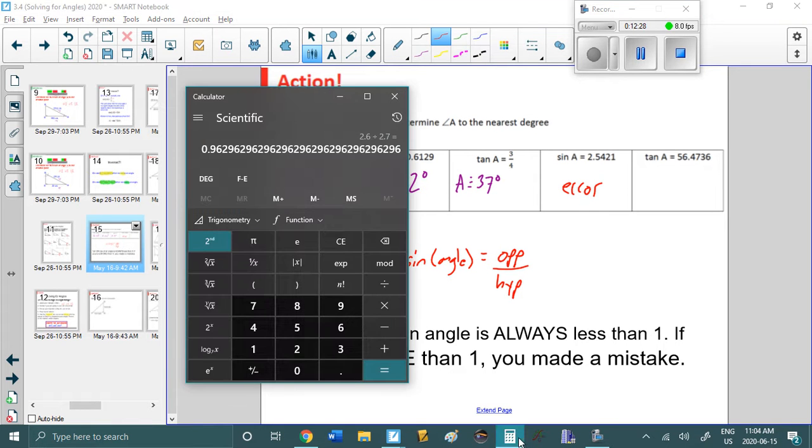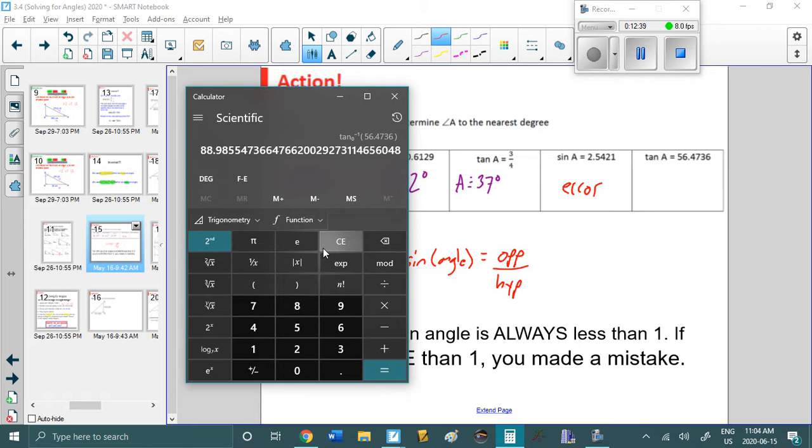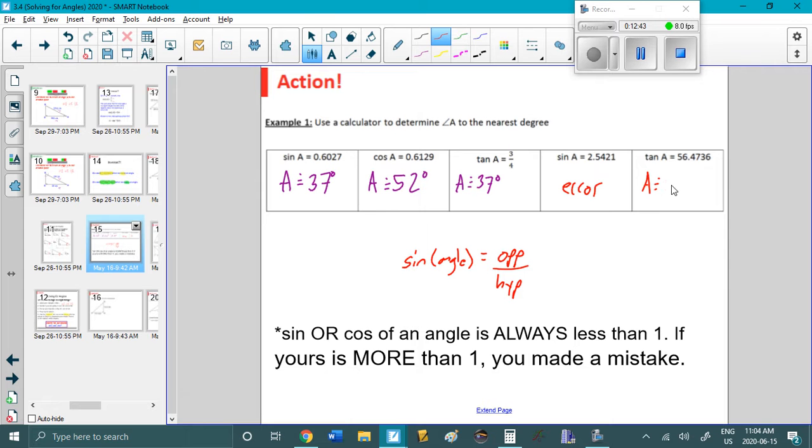Now the next one we have is tan, and this number is a lot bigger than 1. So let's try this out. We go second tan, and I get 88.98, or approximately 89. A equals approximately, if we round, 89.0 degrees. You might be wondering, why is it okay for tan to be bigger than 1?